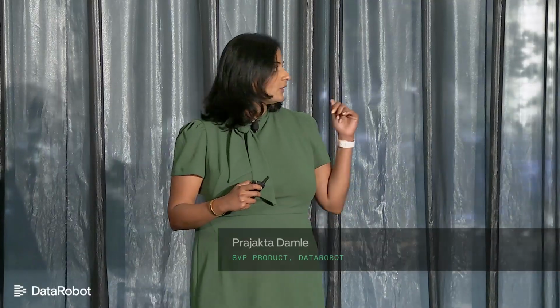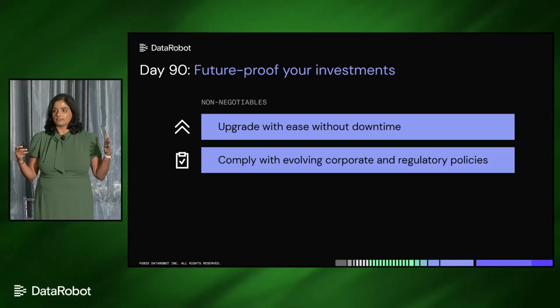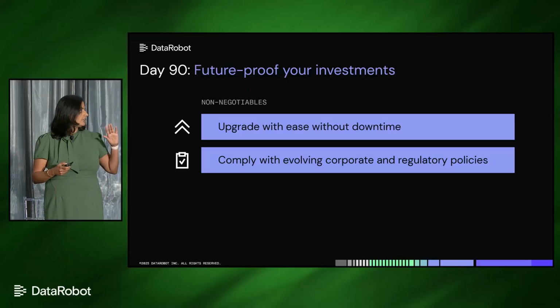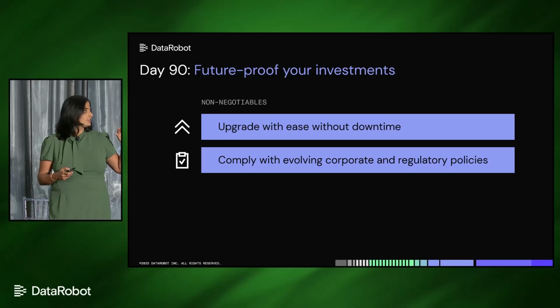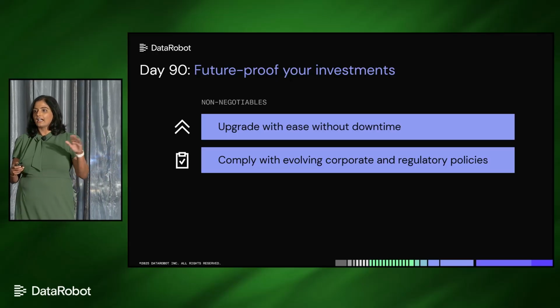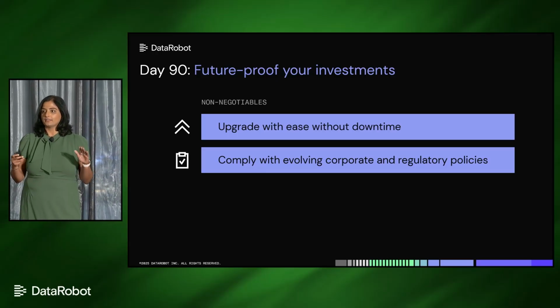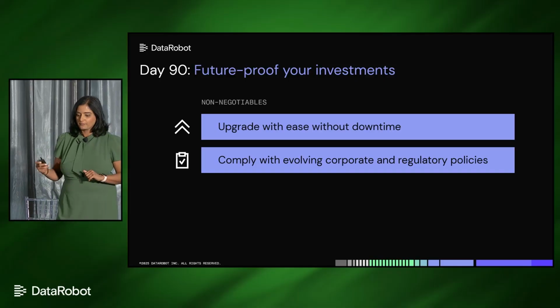Secondly, it not only allows you to do tech upgrades, but it allows you to comply with evolving corporate and regulatory policies so that it's not an afterthought. And you don't make your agentic AI a liability for your organization, but can treat it as an asset.